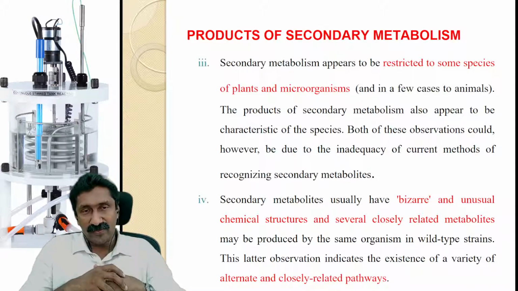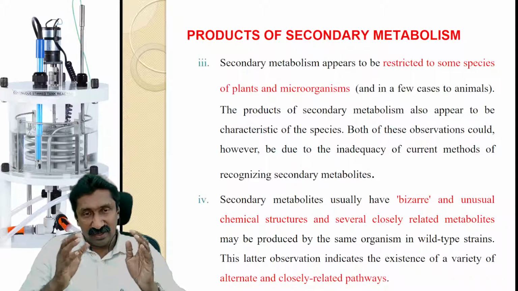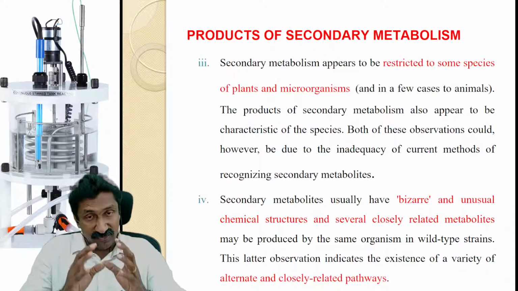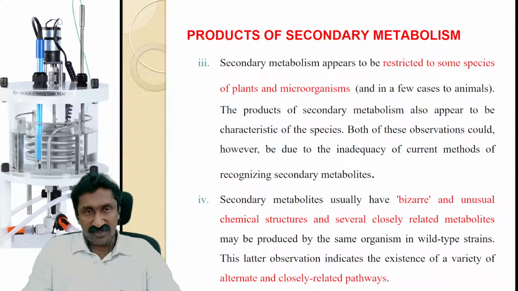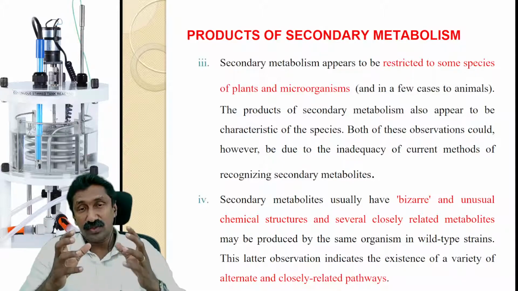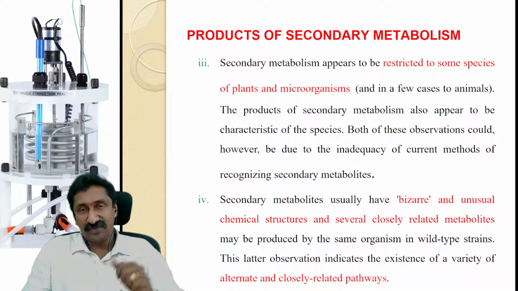That is required. So if you cannot differentiate between two secondary metabolites or a modified form of a secondary metabolite, then you cannot identify it. Okay. So if you want to identify a secondary metabolite in an animal, first of all, you require specific tools for identifying that.